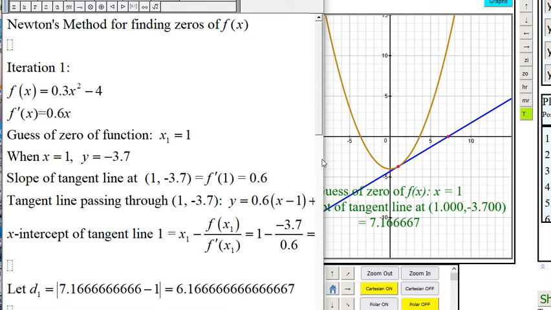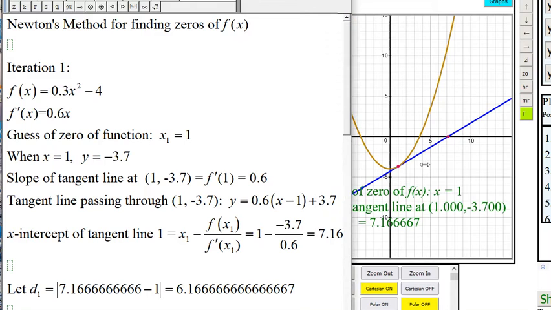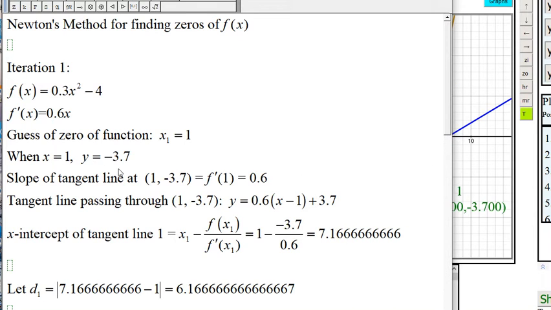And so the equation of the tangent line passing through the point 1, negative 3.7, with a slope of 0.6 will be y equals 0.6 times x minus 1, plus 3.7. So this is the equation of the tangent line.